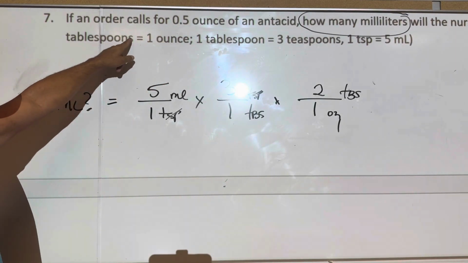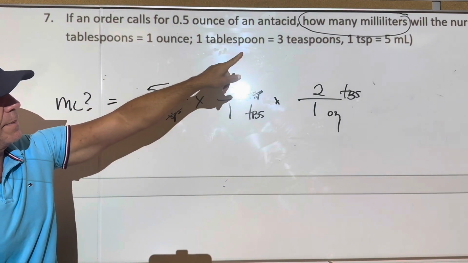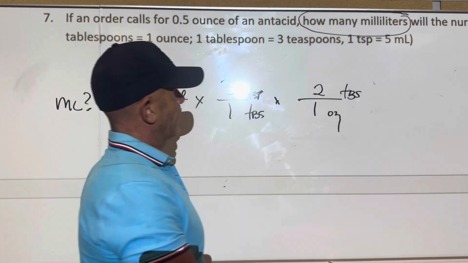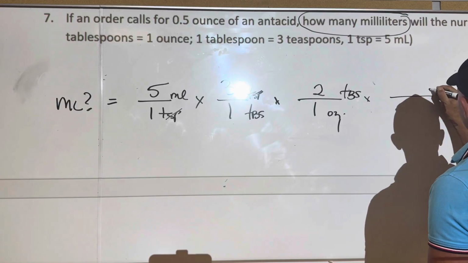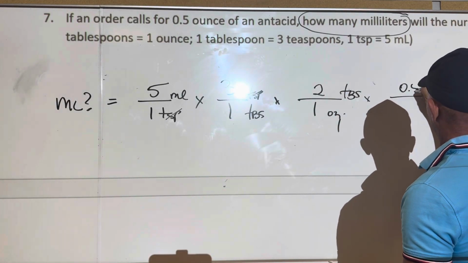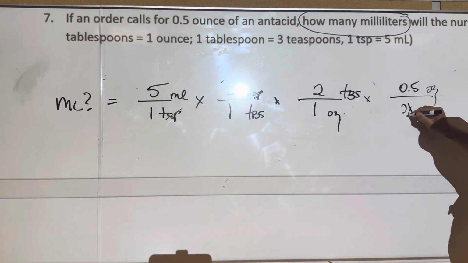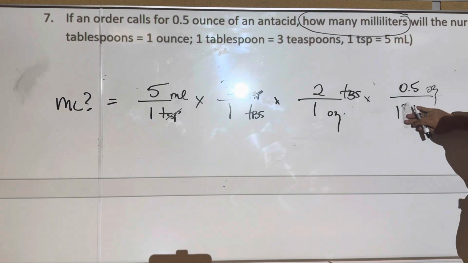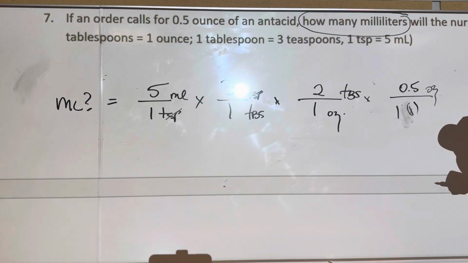They said if an order calls for 0.5 ounces, how many milliliters will the nurse prepare? Well, okay, so we have ounces here, so what are we going to do? We're going to bring the ounces over here. Ounces here, because they've given us 0.5 ounces. And this is our question mark. Okay? This is our X or what we're looking for, okay?